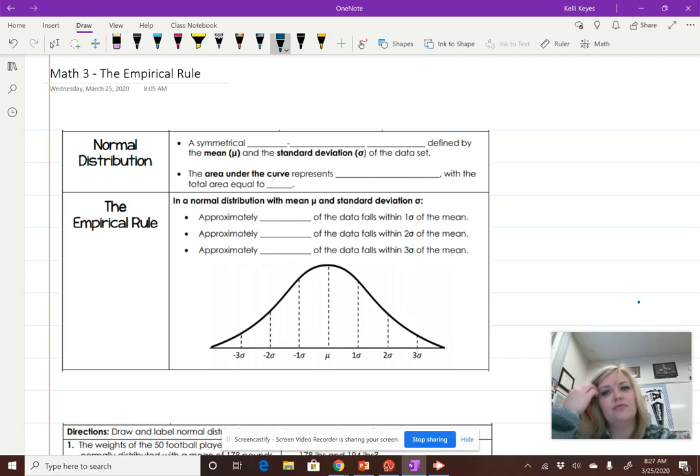It was more of trying to figure out for yourself what a normal curve looks like. So hopefully by now you have figured out that a normal curve or a normal distribution, those mean the same thing, is symmetrical, and it is referred to as the bell-shaped curve.